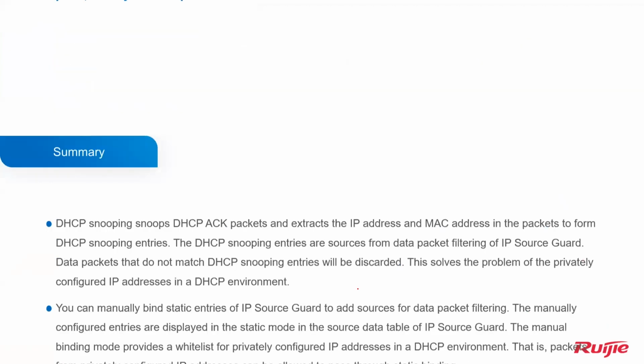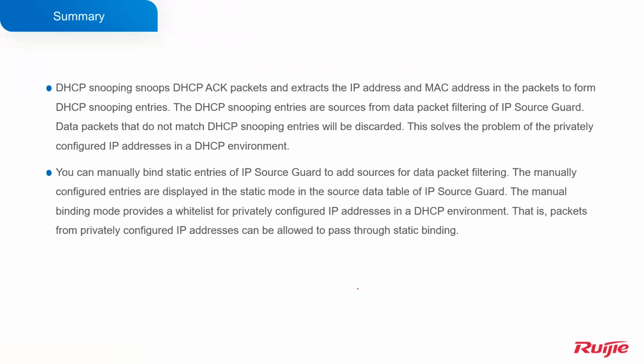And about this part, let's see a summary. DHCP snooping snoops DHCP ACK packets and extracts the IP address and MAC address in the packet to form DHCP snooping entries. The DHCP snooping entries are the source for data packet filtering of IP source guard. Data packets that do not match DHCP snooping entries will be discarded. This solves the problem of statically configured IP addresses in a DHCP environment.